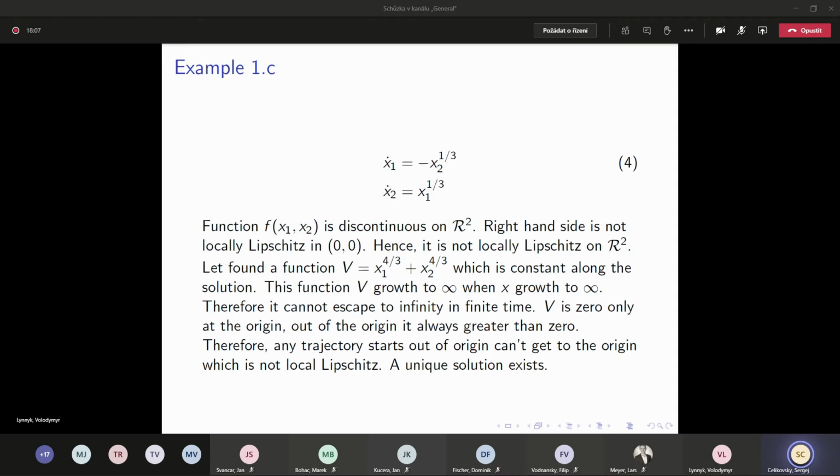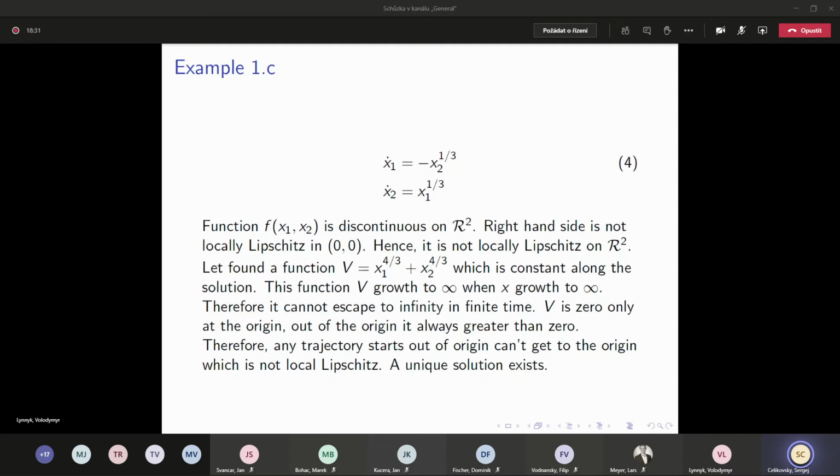And of course, at the origin we don't know, but we can conclude another thing. If this function V is constant, then a solution that starts away from the origin stays away from the origin, at least some distance.